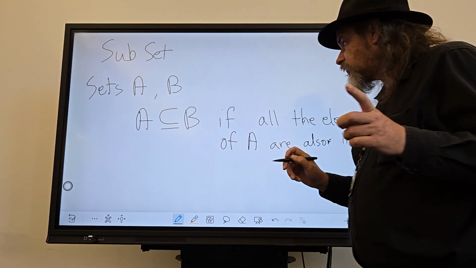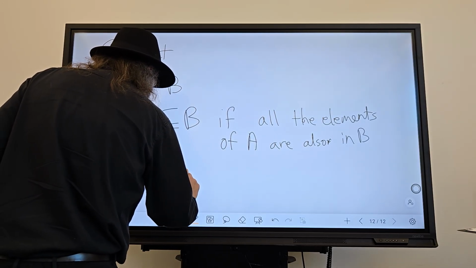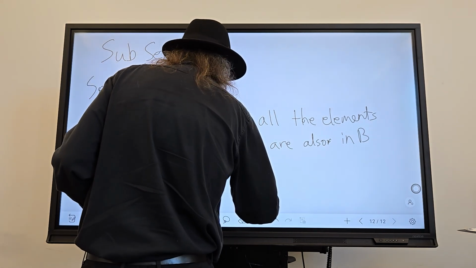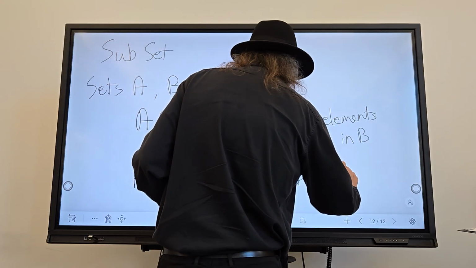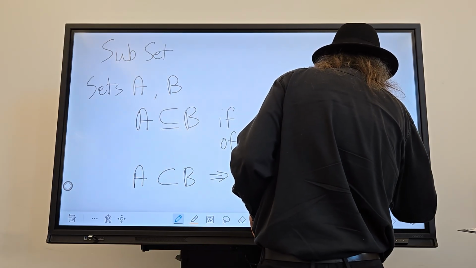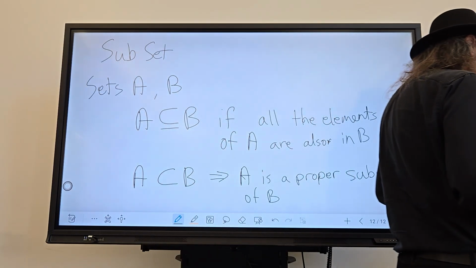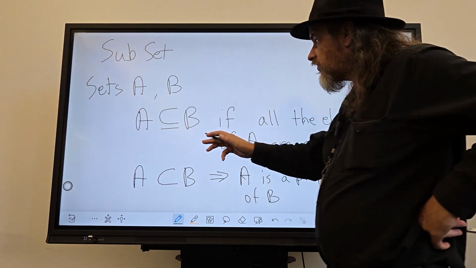Now there's a slight difference between this symbol and A is a proper subset of B. A proper subset of B means that there is some element in B that is not in A. This is kind of like the less than or equal to sign.